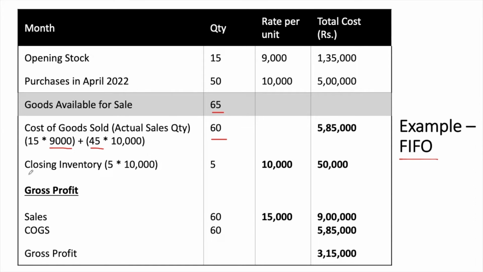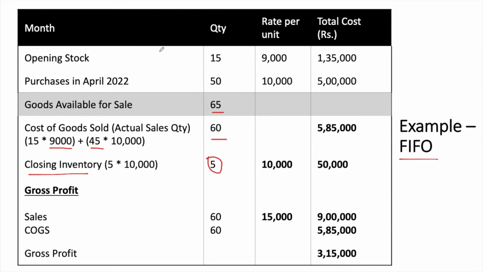And your closing inventory, which is 5 units only, will be valued at your most recent purchase. Your most recent purchase was at rupees 10,000. So 5 into 10,000, the value becomes 50,000 rupees. Again, how did I get the value for the closing inventory?